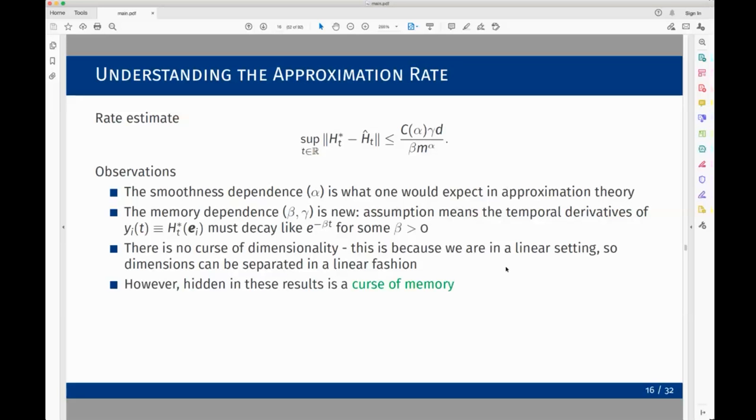But the one thing hidden in this result is the so-called curse of memory. What do I mean by the curse of memory?